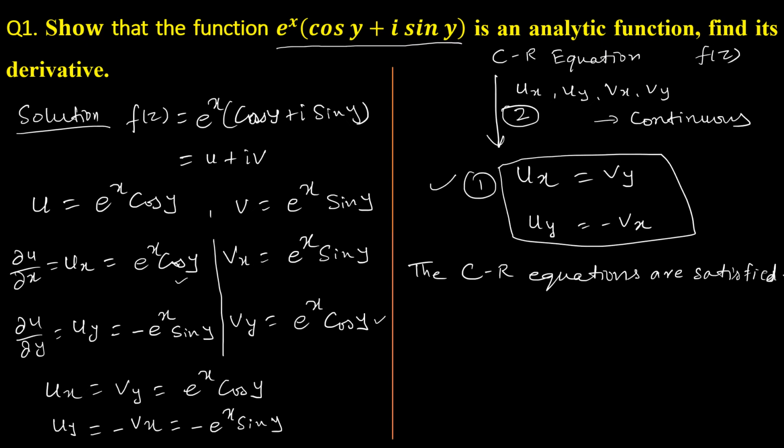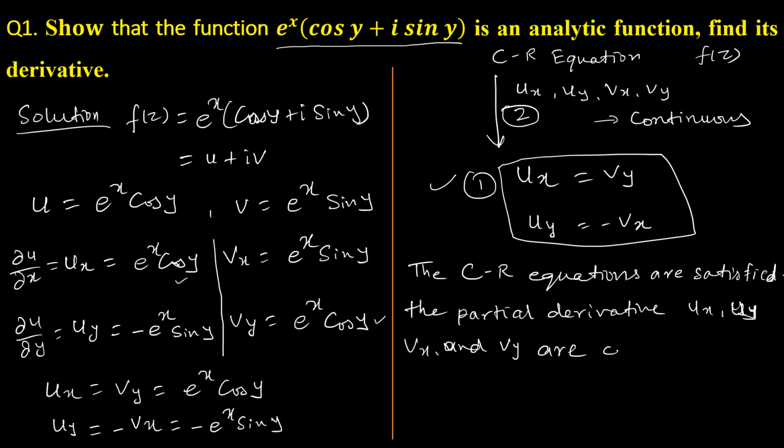Now, as you know, for f(z) the partial derivatives that we have, ux, uy, vx and vy, you can see all are continuous.